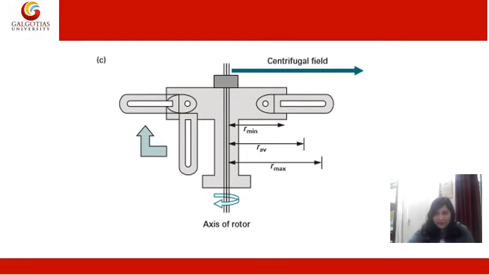You can see here, when this sample tube turns into this direction, the R minimum will be the distance of the top end of the sample tube from the axis of rotation. R maximum will be the distance of the bottom of the sample tube from the axis of rotation, and this is the R average that you will find somewhere in between, in the height of the sample tube.